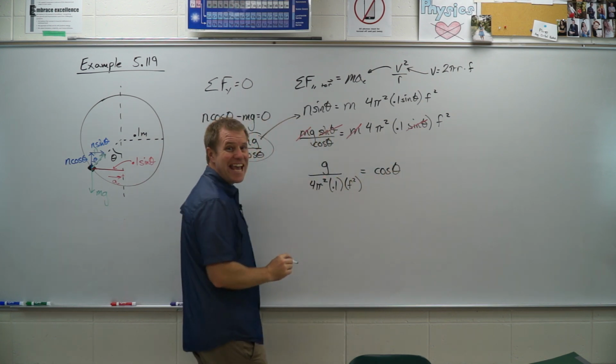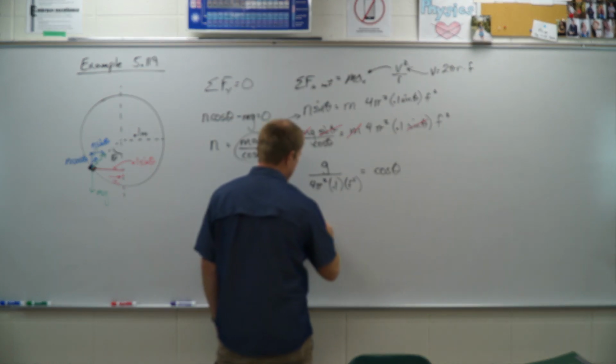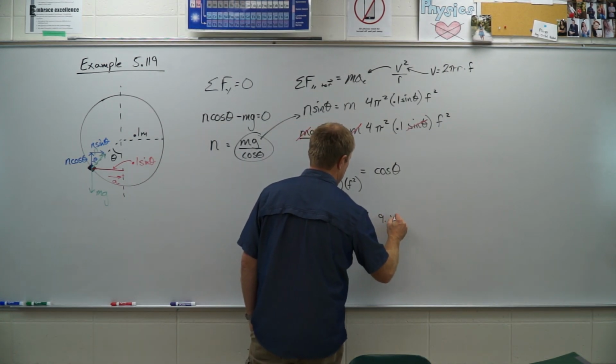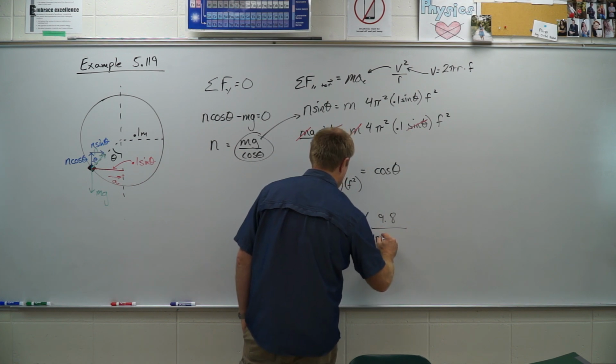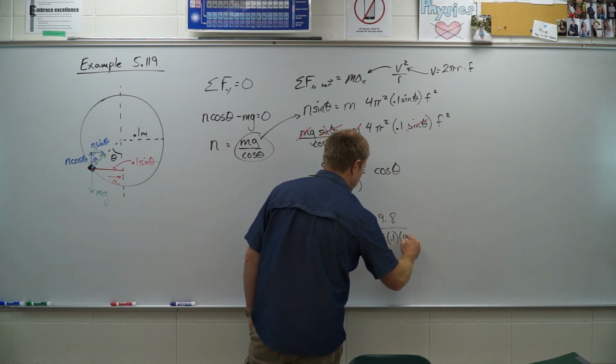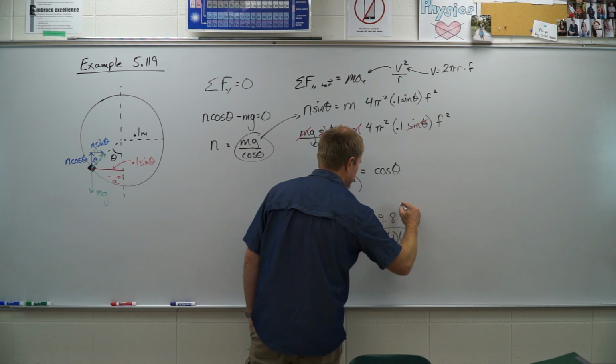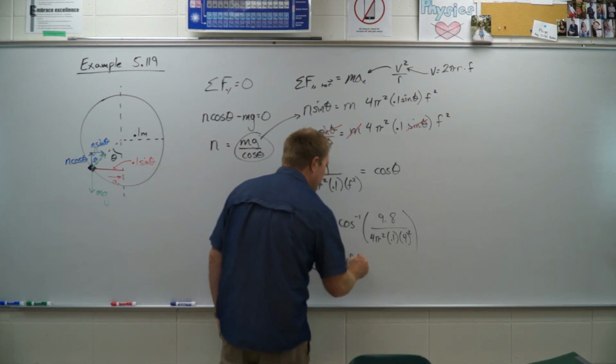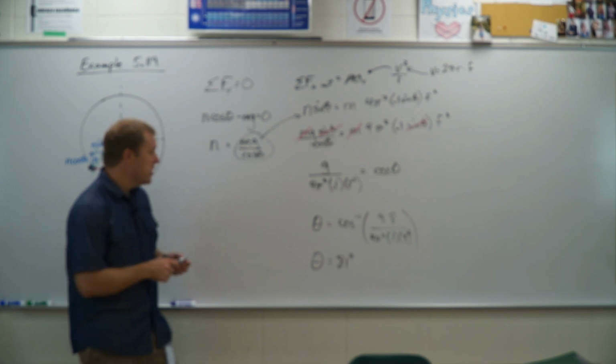Take the inverse cosine here. So theta is equal to the inverse cosine of 9.8 divided by 4 pi squared times 0.1 times 4 squared. If we plug this into our calculator, we get an angle of 81 degrees.